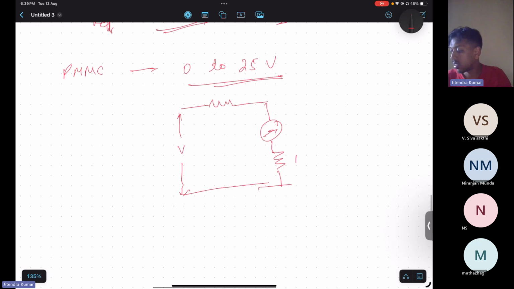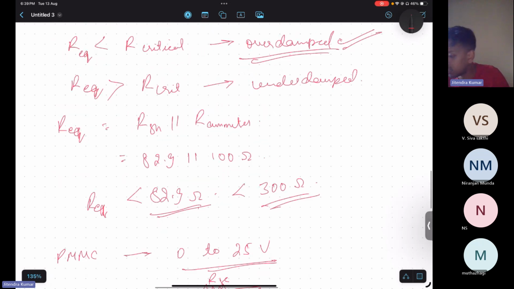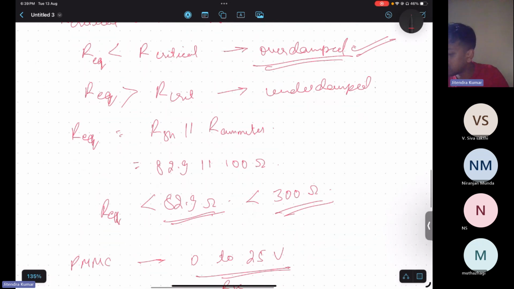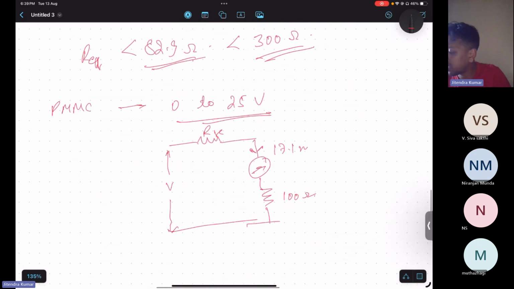So this coil resistance is 100 ohm, and this R series. And this full scale deflecting current was how much? 17.1 milliampere. So 17.1 milliampere is this current.